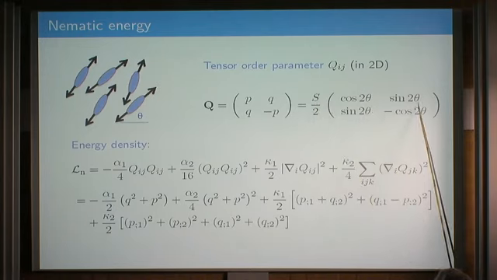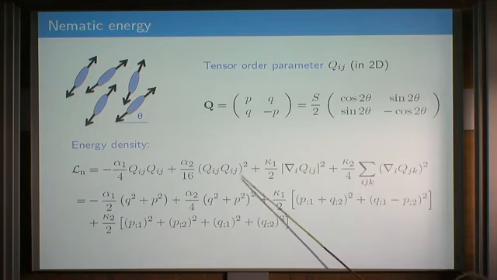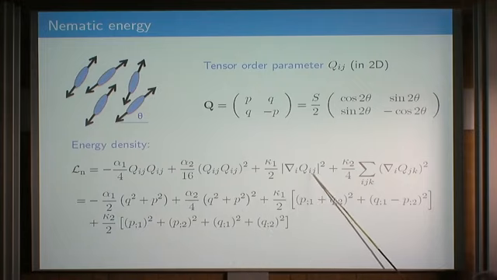And this is, again, the Landau-de Gennes nematic energy density. It is not the most general equation, actually. The most general equation would have some 6 elastic coefficients and more terms.